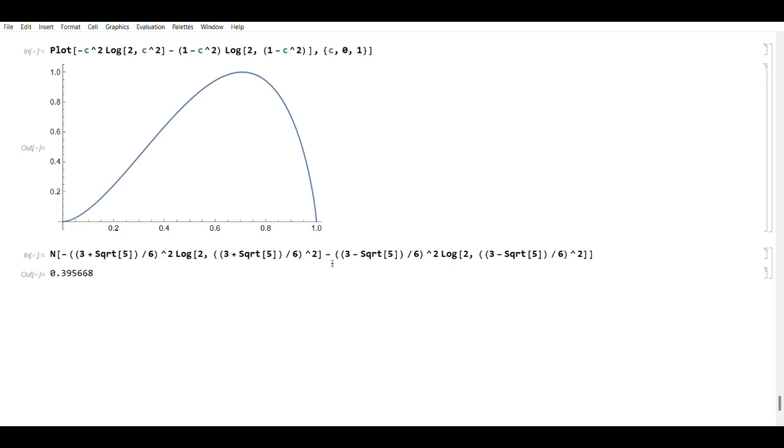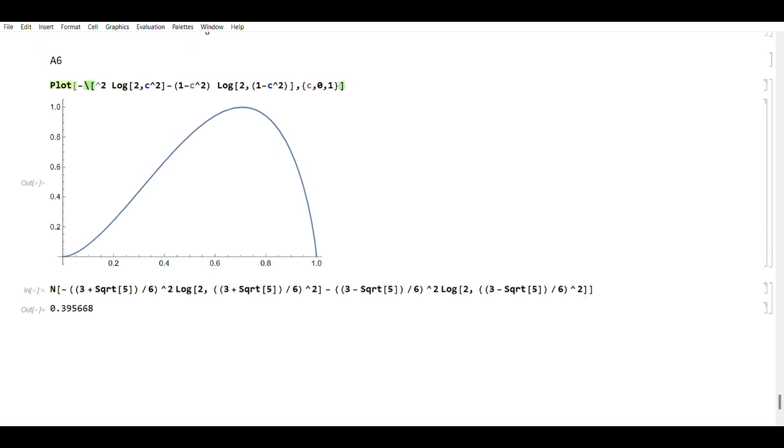So 3 plus root 5 by 6 whole squared times log base 2 of this, and all of that I put in, and then we got this value, which is approximately 0.396 when we round to the third decimal place. And this is the plot of psi versus alpha.